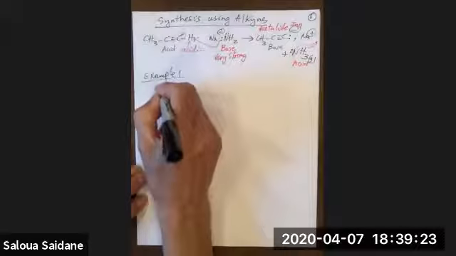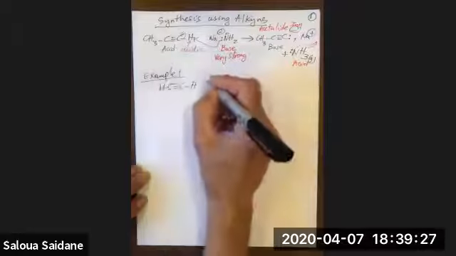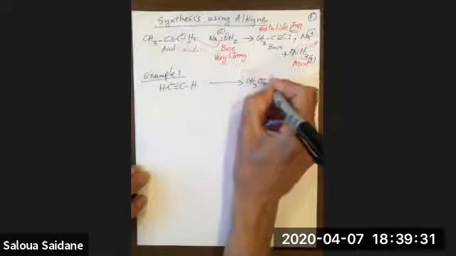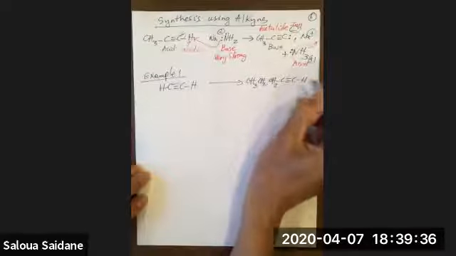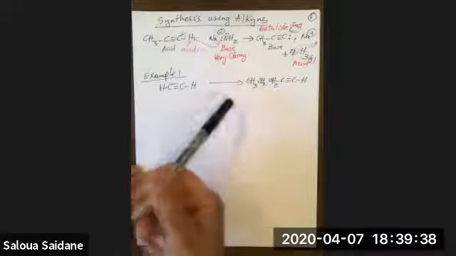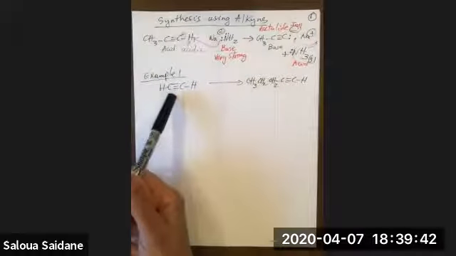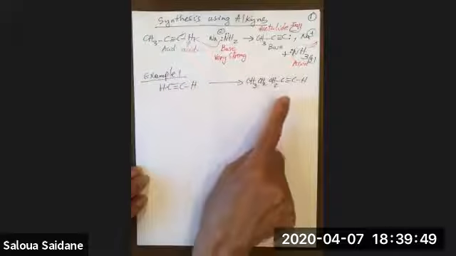We want to go from HCCH, so this is acetylene, to CH3, CH2, CH2, CH. So this is considered a synthesis because we are creating a new molecule from a starting material. So that's what we call synthesis. So the question is, how do I go from acetylene to this?